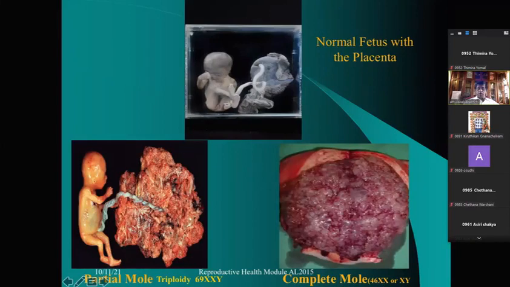Now, in these conditions called gestational trophoblastic disease, it's quite a wide spectrum of disorders. You get abnormal proliferation of the placenta, so much so, in some situations, it might be only the placental proliferated tissue that you can see within the uterine cavity. So I said it's a spectrum.